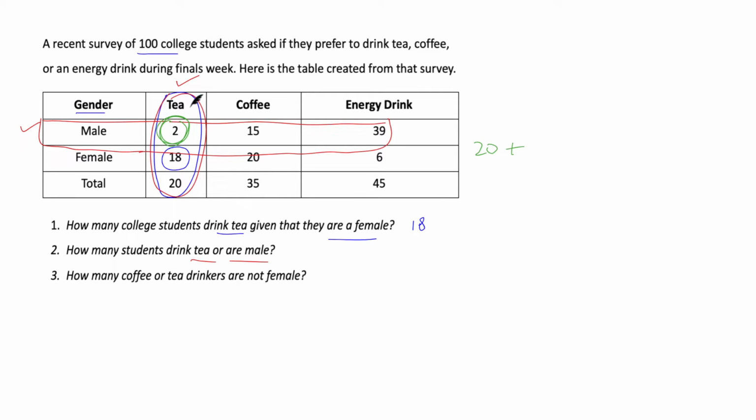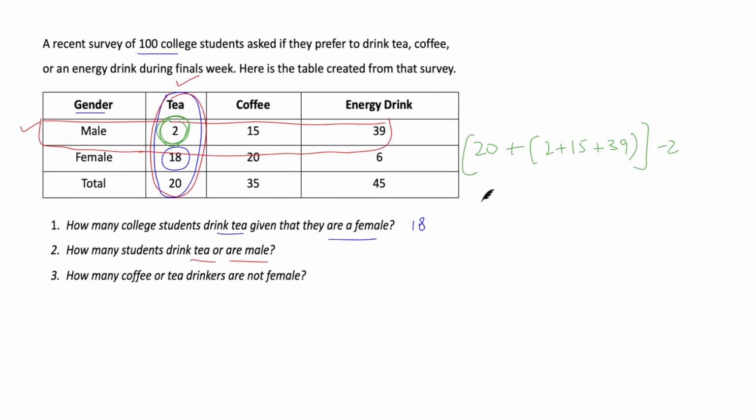So total males are 2 plus 15 plus 39. These are the total number of males. But you need to subtract this 2 from this entire equation because you cannot add this twice. Please remember this.